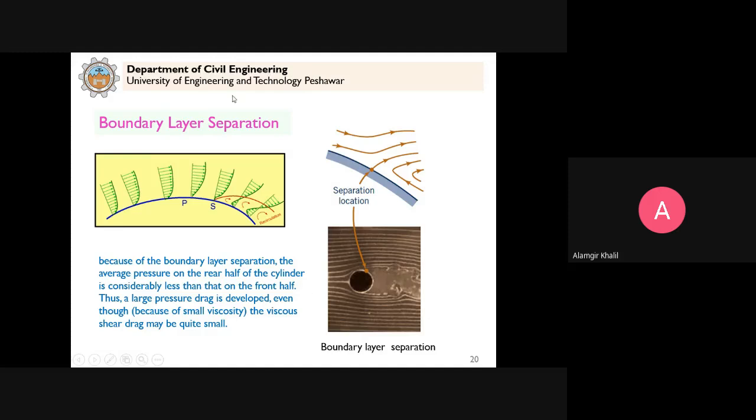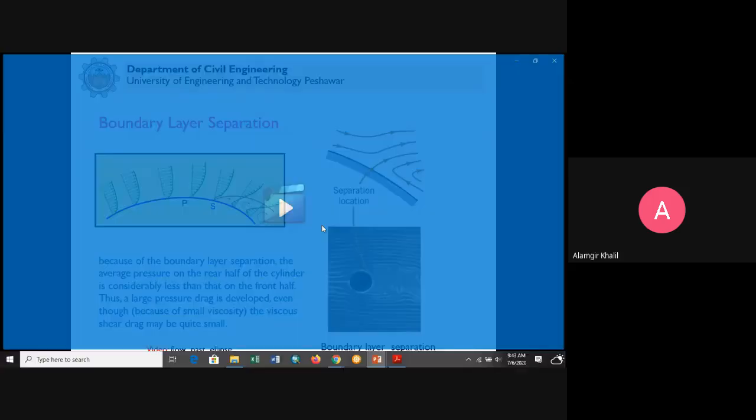So because of this boundary layer separation, a large pressure drag is developed. And so far we studied that because drag forces are resistive forces, we would like to minimize them. Clear?